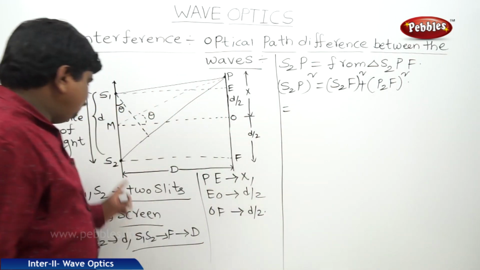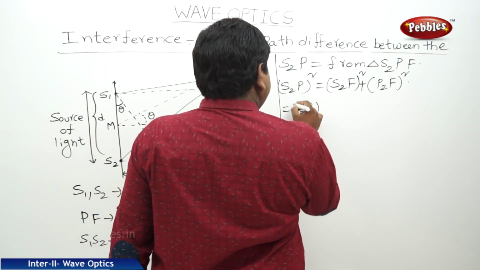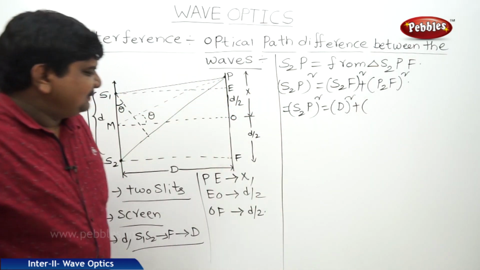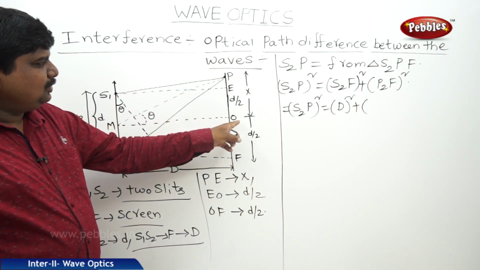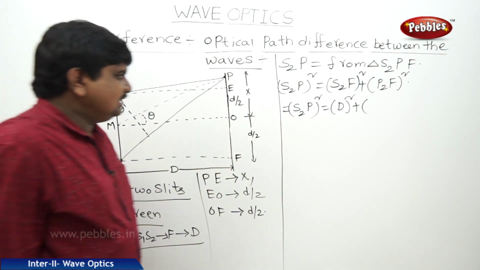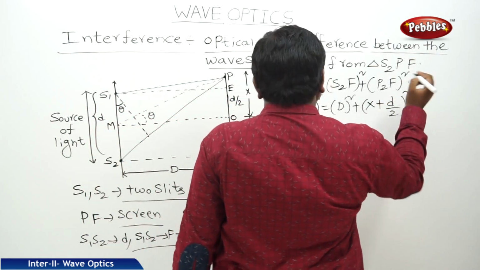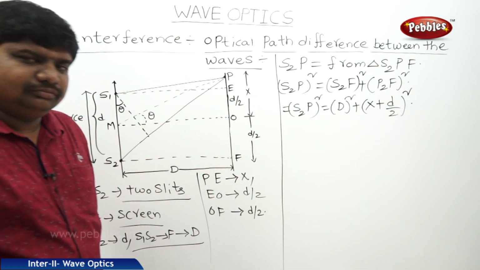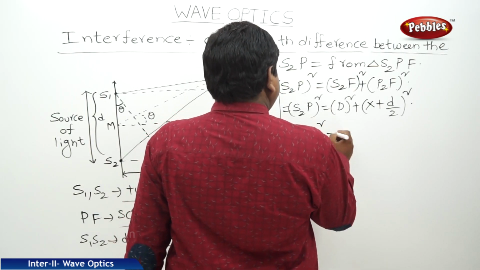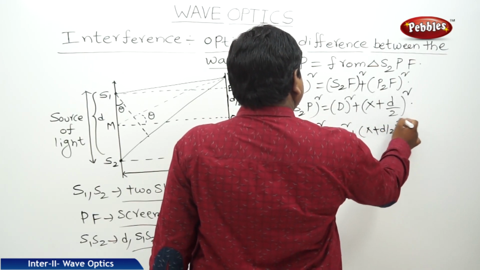So S2F is D. So S2P whole square is equal to D square plus P to F, which we can write as P to O plus O to F, so it is x plus d by 2 whole square. So S2P whole square is equal to D square plus x plus d by 2 whole square. Let us say this is equation 1.